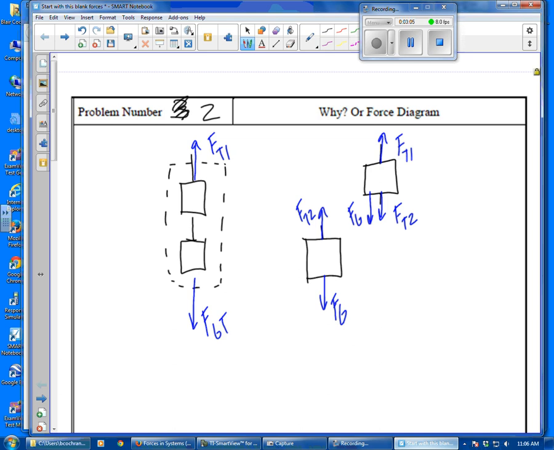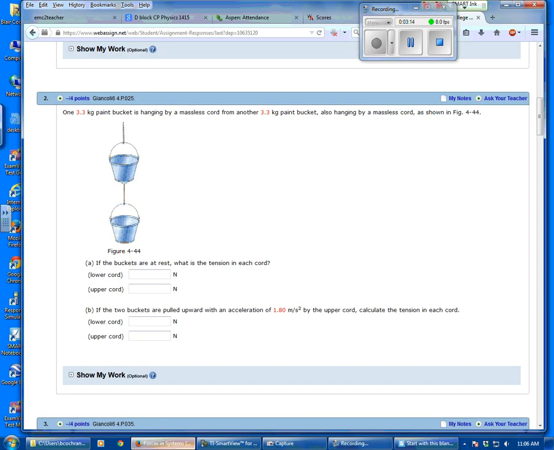When we do the second part, I'm just going to put it in here as a dotted line. Which way am I accelerating? Upwards, because it says pulled upwards.